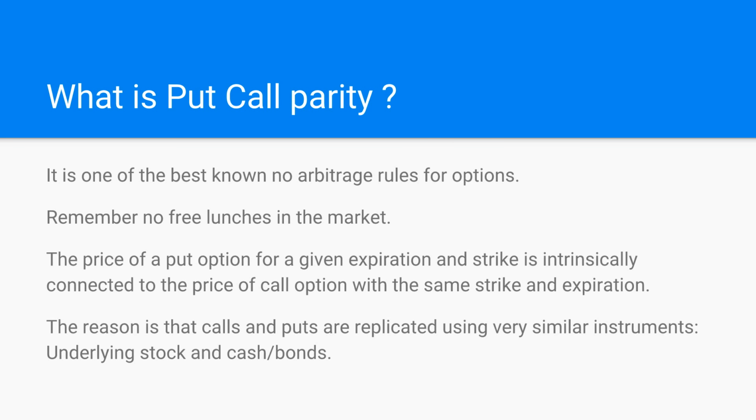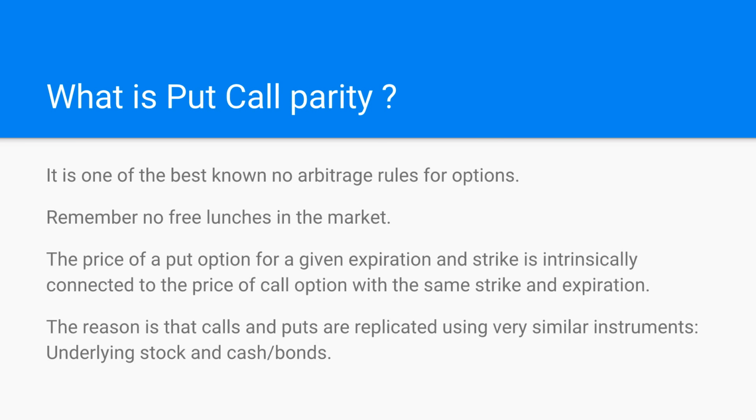What does put-call parity say? Put-call parity says that the price of a put option is not random and is not free from the price of a call option. A put option with a certain strike and expiration and the same call option with the same strike and expiration are connected.